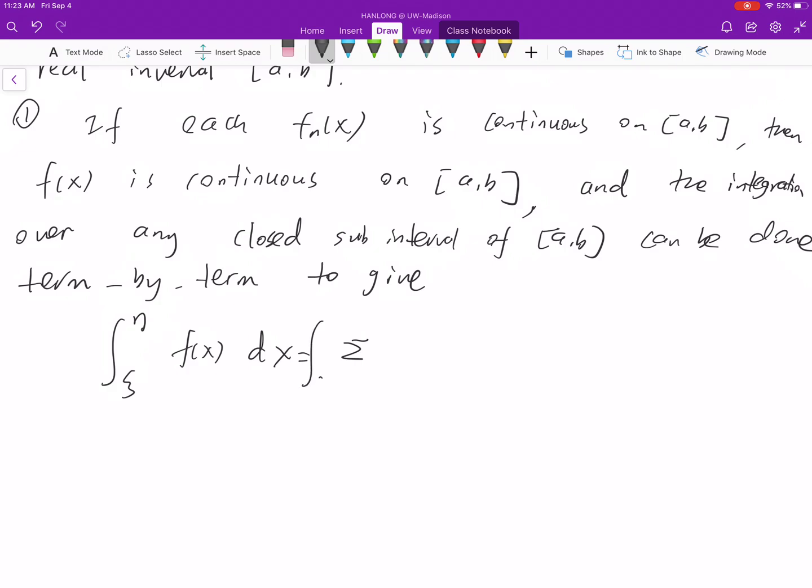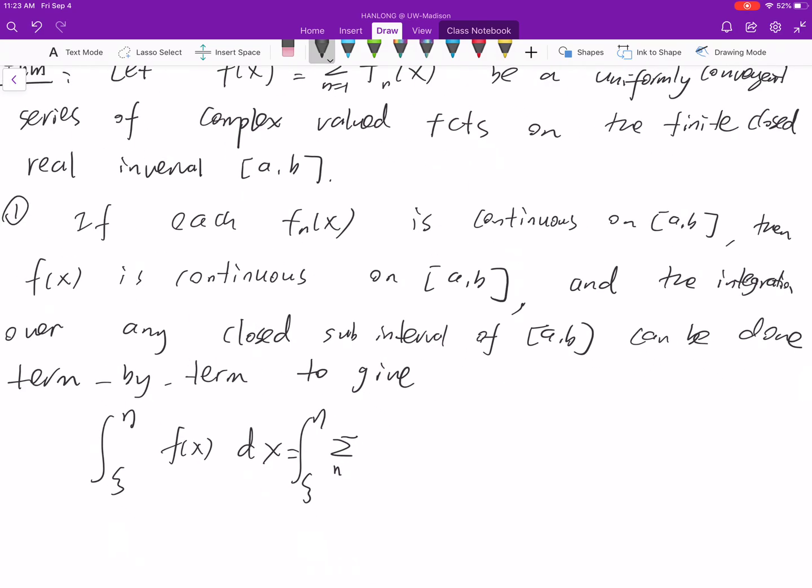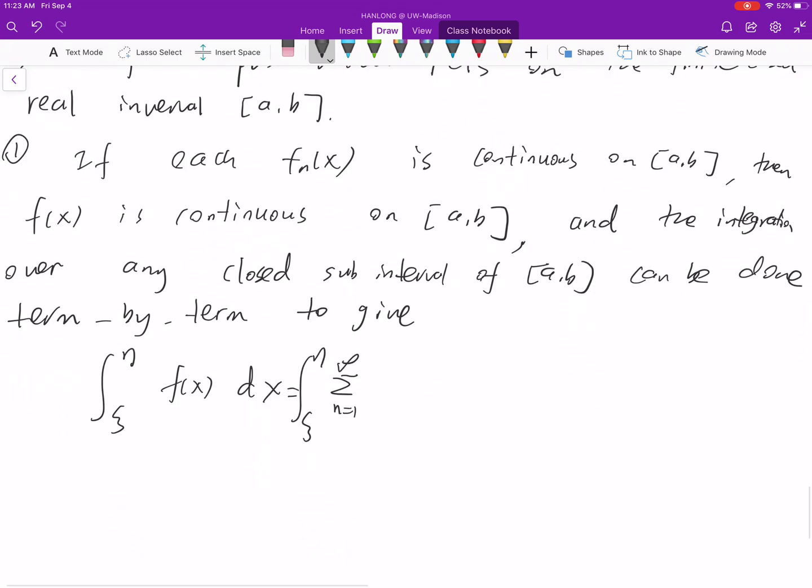Okay, so from definition, this is just the sum for n from 1 to infinity, or from 0 to infinity, same thing. You can transform it by shifting the index by 1. So that's from definition. And then the theorem claims that under this condition, this equals the summation of the integral of each term.